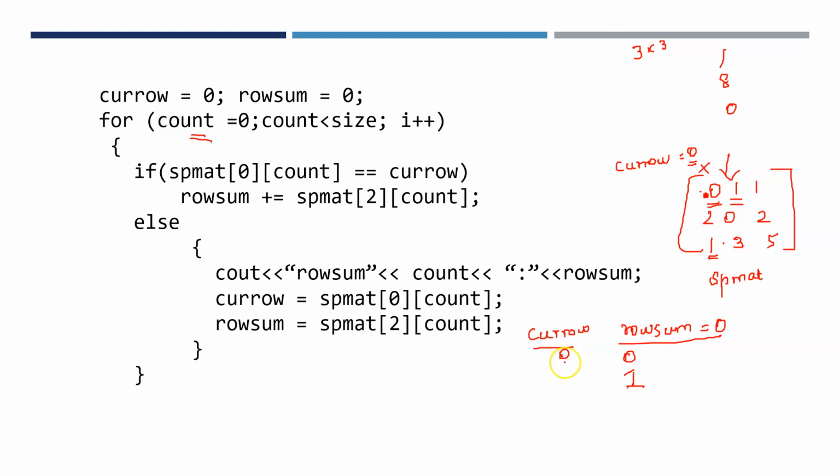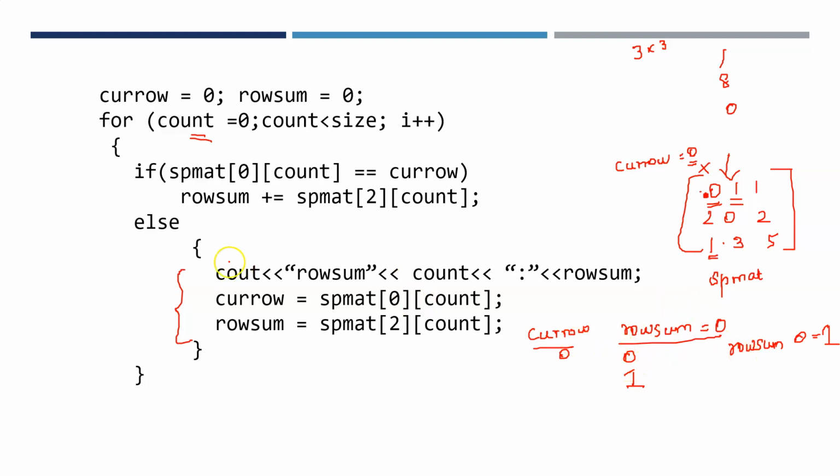So it indicates that the 0th row has finished and you have started with the first row. Hence, I'll come to this else part. It is not equal, so I'll come to the else part and now display this row sum. So I'll display the row sum of 0 equal to 1. So the first row's sum is printed.